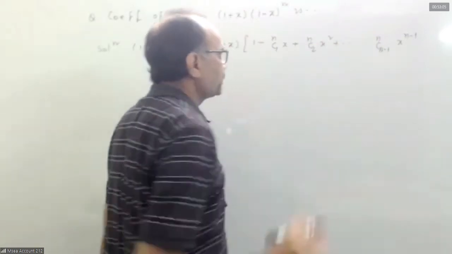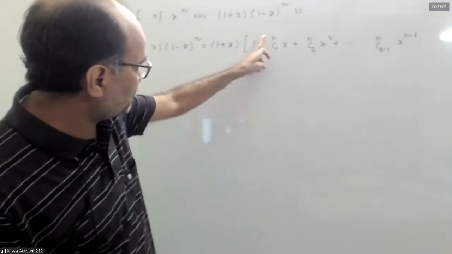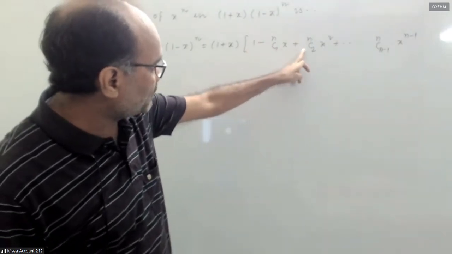What will be the coefficient depending on the sign?